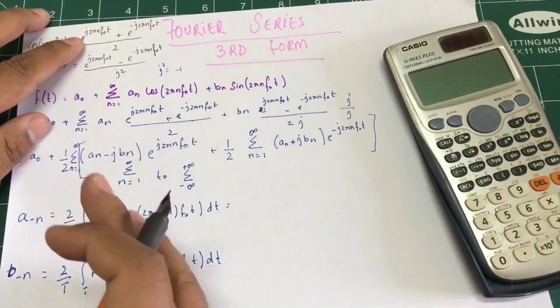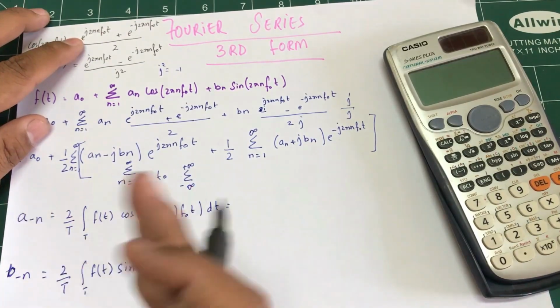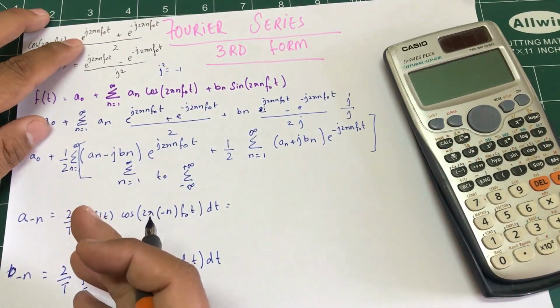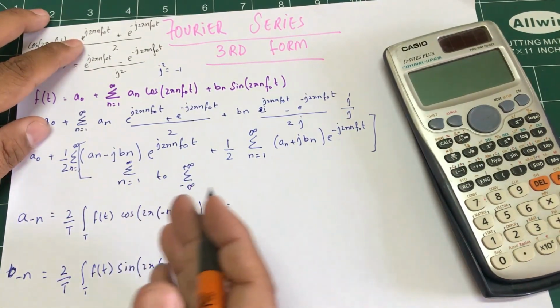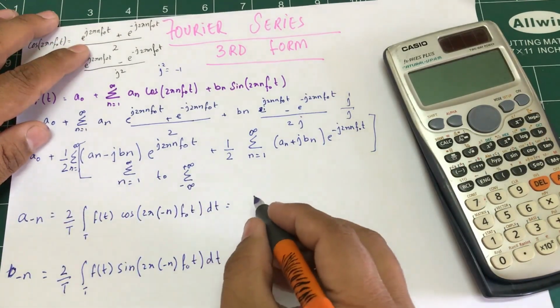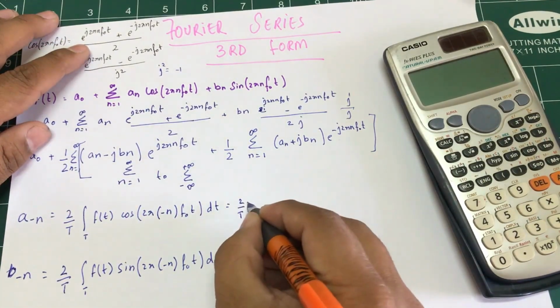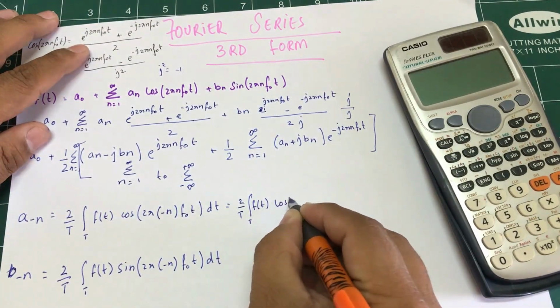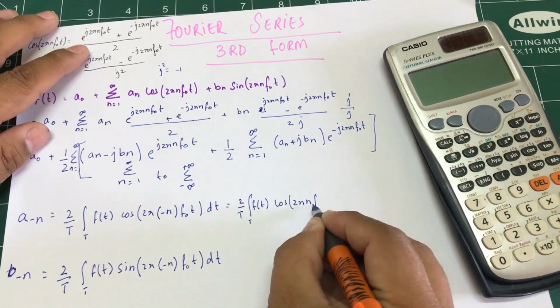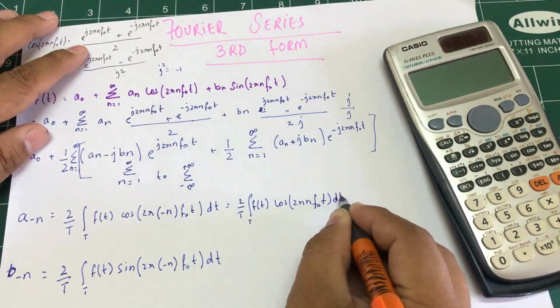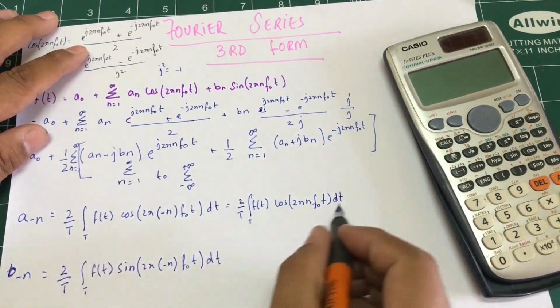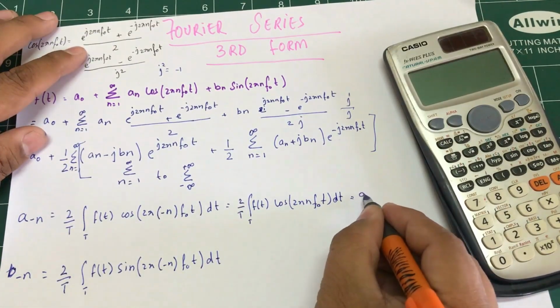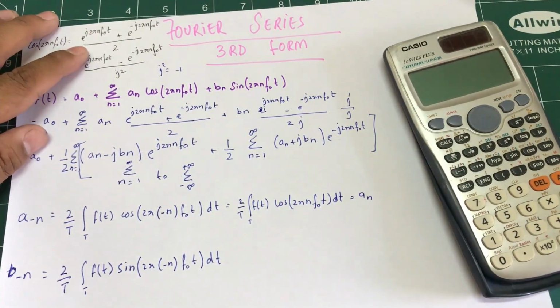So cos of negative x is just like saying cos of x, because cos is an even function. So this is actually exactly the same thing. It's just like saying 2 over T, f of t cos 2 pi n f naught t dt. So a minus n is just the same thing as an.